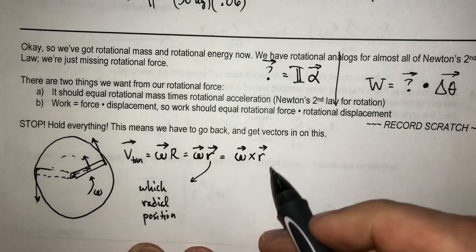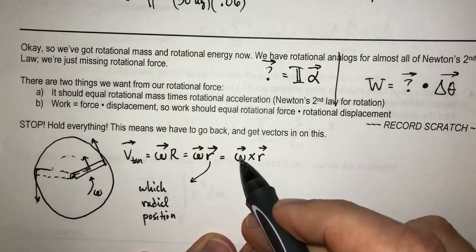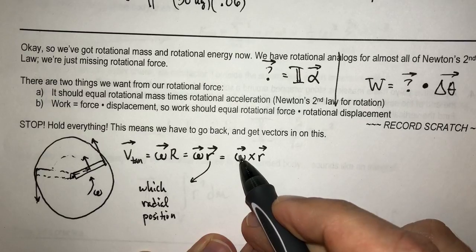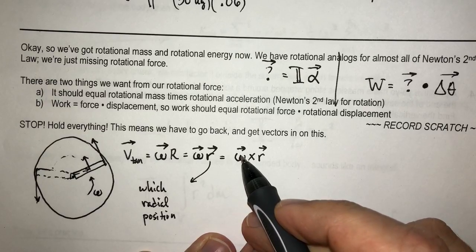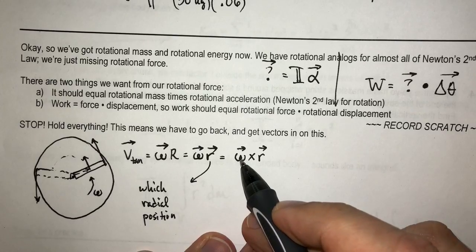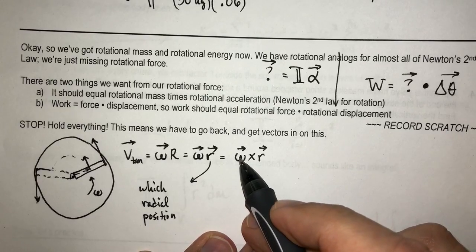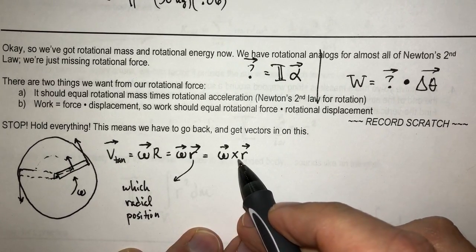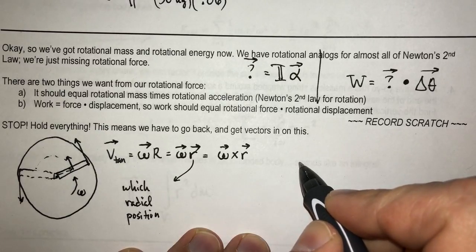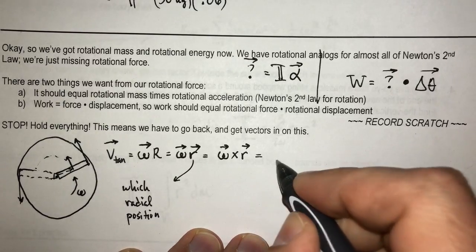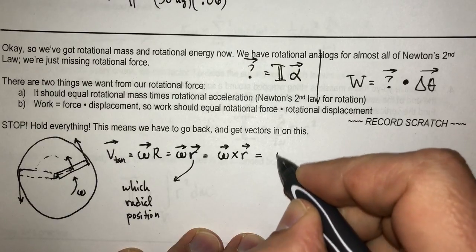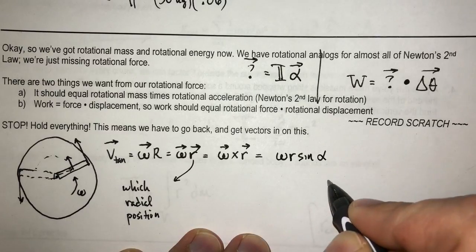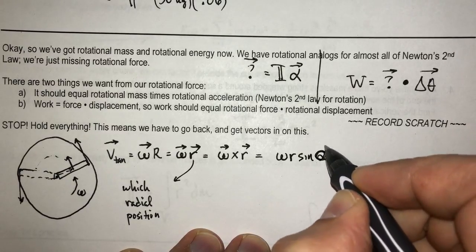Okay, so now we really need to know what direction omega is in. And the answer comes from how we know the direction of the cross product is calculated. It's according to the right-hand rule, right? We ask for a vector whose magnitude is the magnitude of omega, the magnitude of r, multiplied by the sine of the angle between, oops, I don't want to use alpha, the sine of the angle between them.